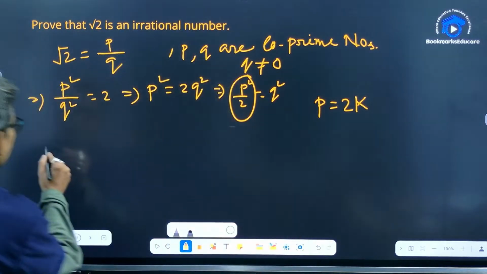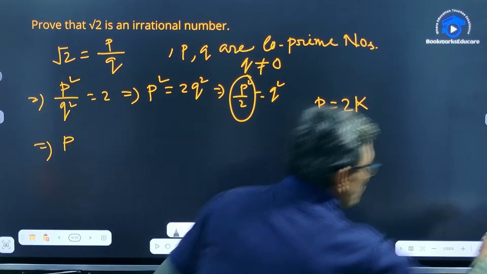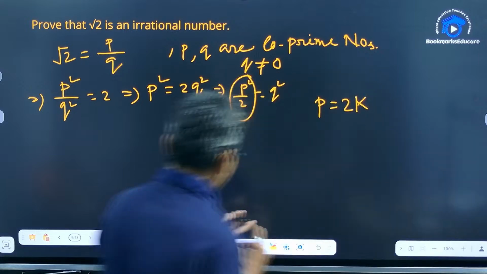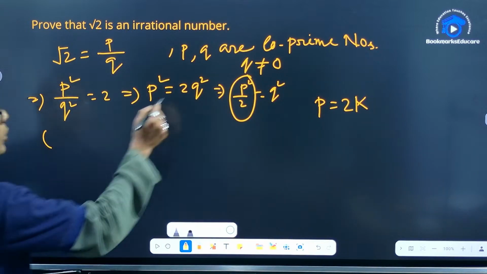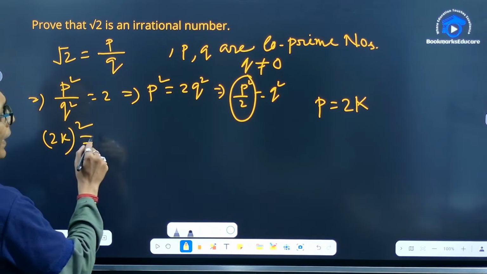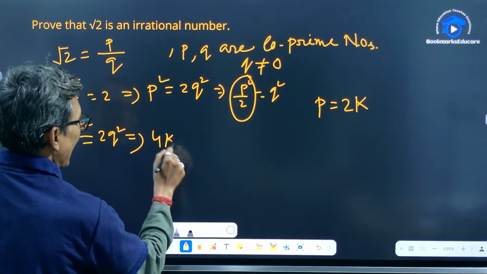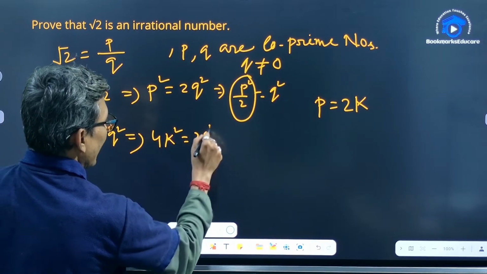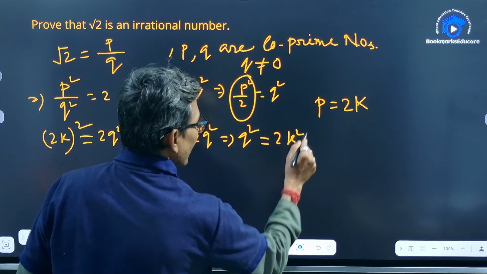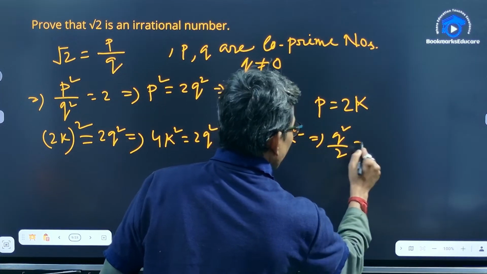Putting 2k instead of p, 2k whole square is equal to 2q square, so 4k square is equal to 2q square, so q square is equal to 2k square. So q square by 2 is equal to k square.